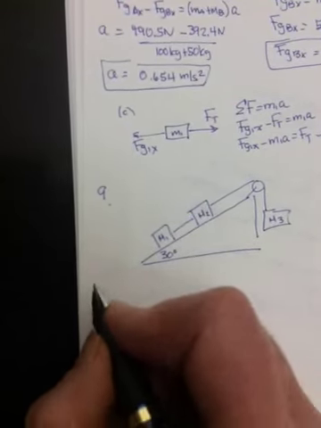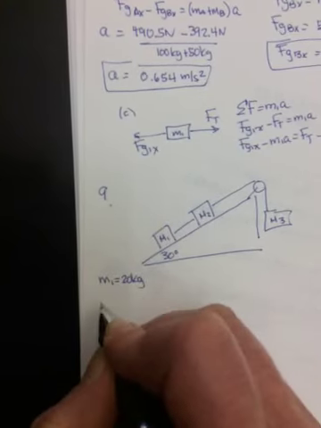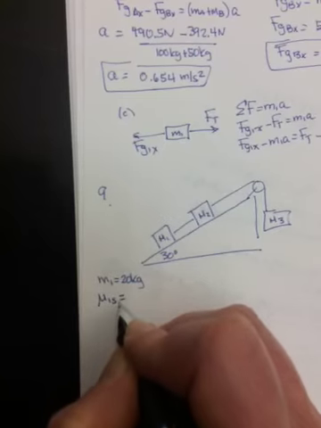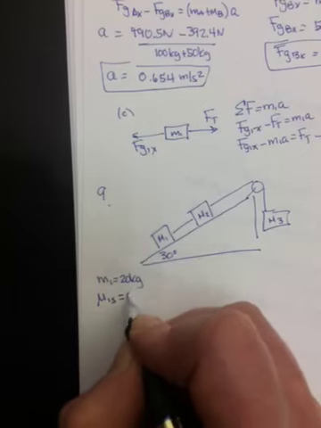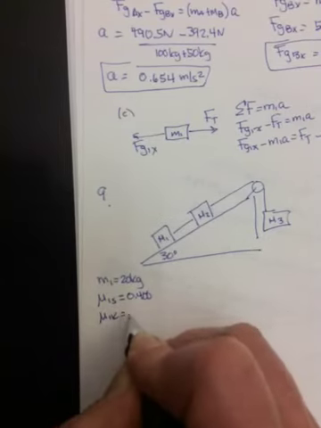The box at the bottom, M1, is 20 kilograms. And it has a mu static, so mu1 static, coefficient of 0.4, and mu kinetic is 0.3.